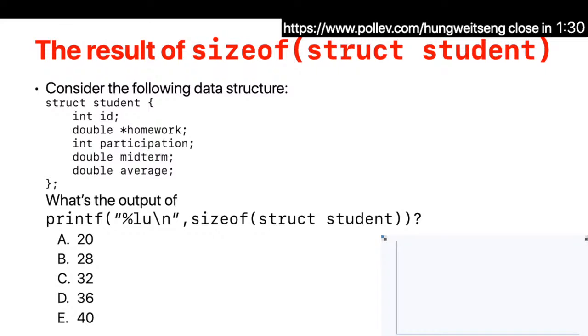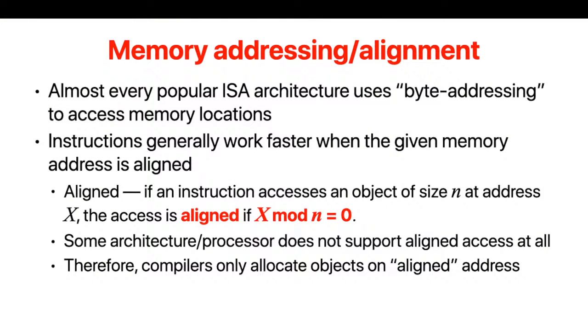And here's the reason. Again, you have to know the hardware. For a 64-bit machine, there is a convention for instructions that every data structure has to be aligned. So if an instruction accesses an object of size n at address x, the access is aligned if x mod n equals 0.